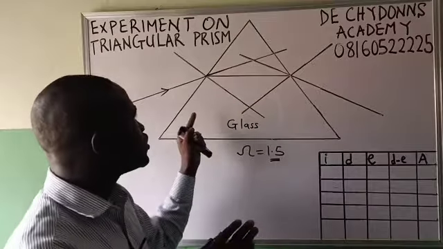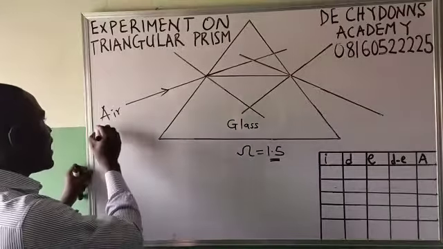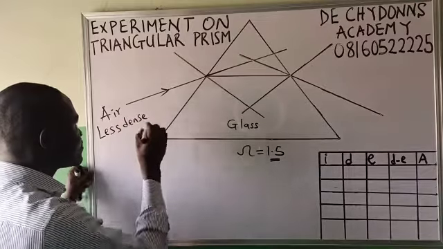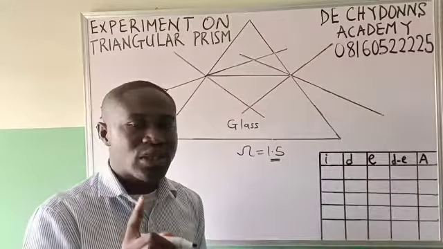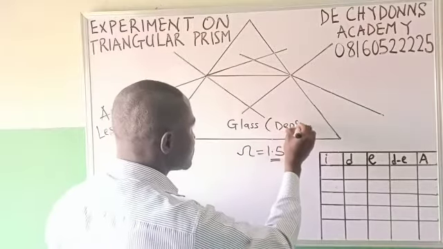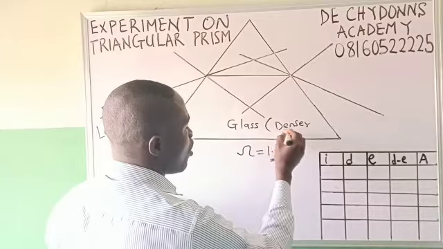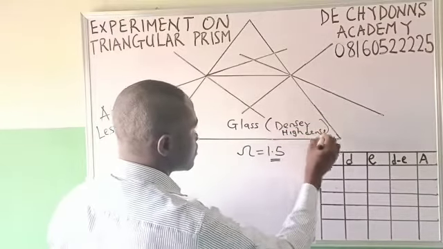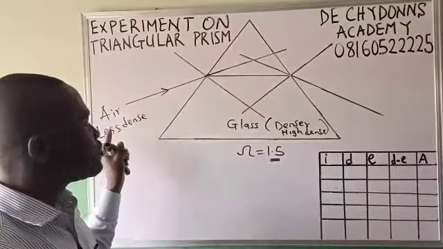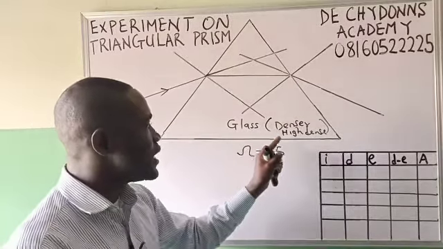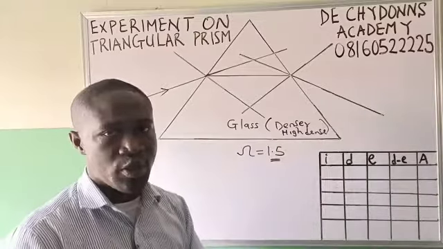Air is noted to be a less dense medium, while glass is noted to be a denser or highly dense medium.